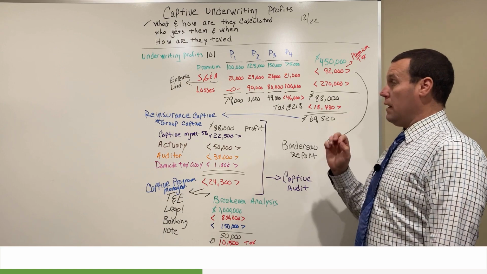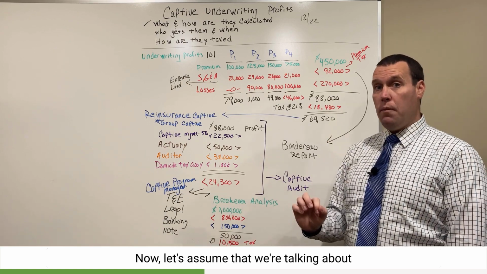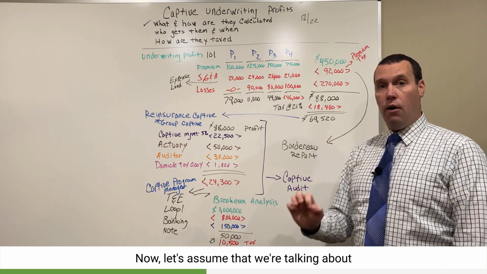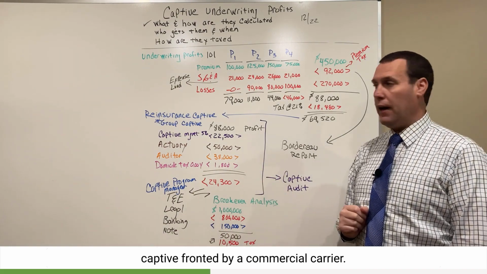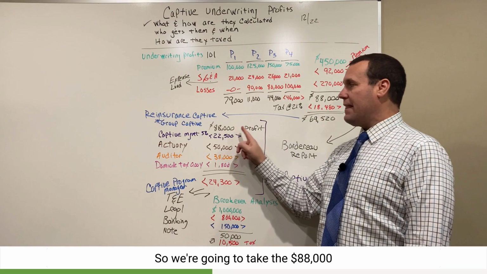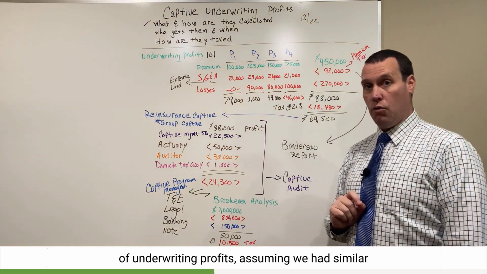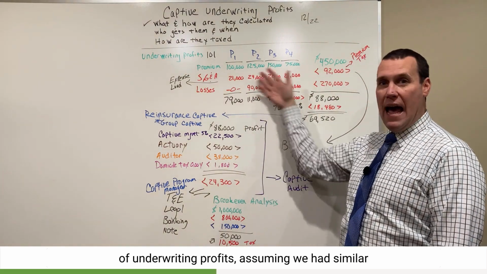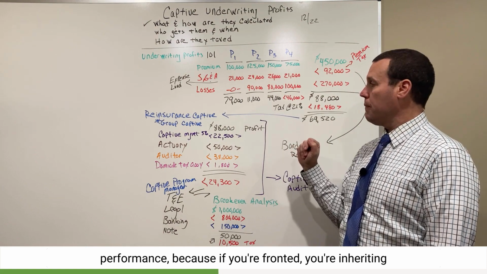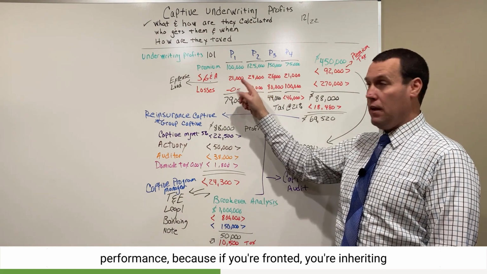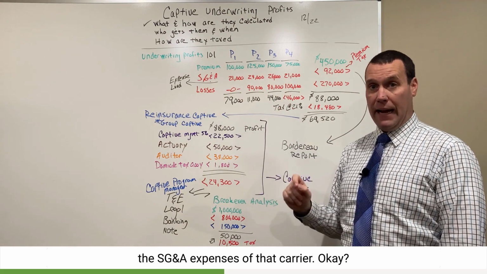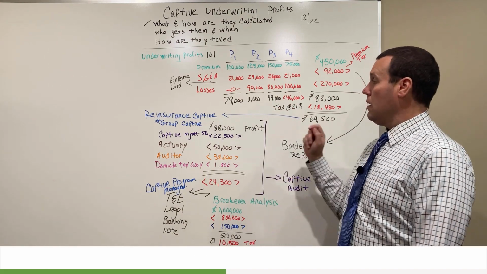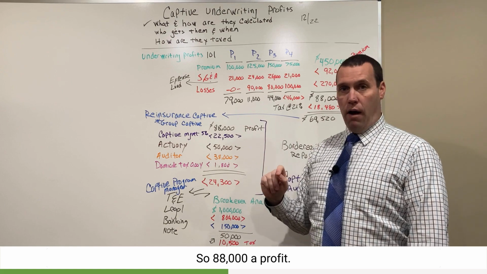Now, let's assume that we're talking about a reinsurance captive, which is a group captive fronted by a commercial carrier. So we're going to take the $88,000 of underwriting profits, assuming we had similar performance, because if you're fronted, you're inheriting the SG&A expenses of that carrier. So $88,000 of profit.